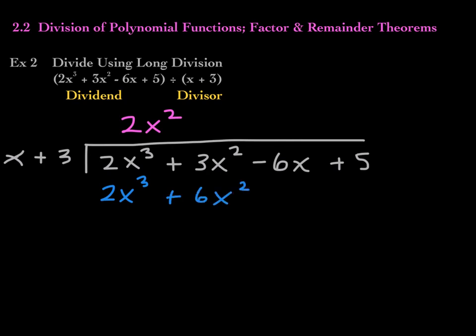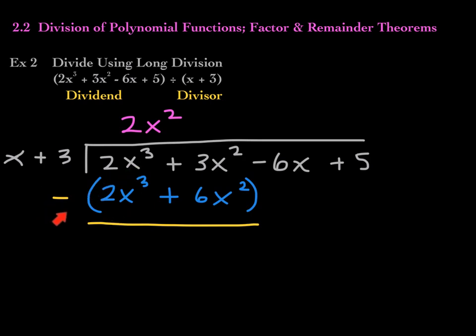Now I am going to make a strong recommendation, and the recommendation is that you use parentheses around the product that you just wrote, because the next step in the process is to subtract that product from your dividend. So what you can do here is distribute this negative, because really you're subtracting 2x cubed from 2x cubed.